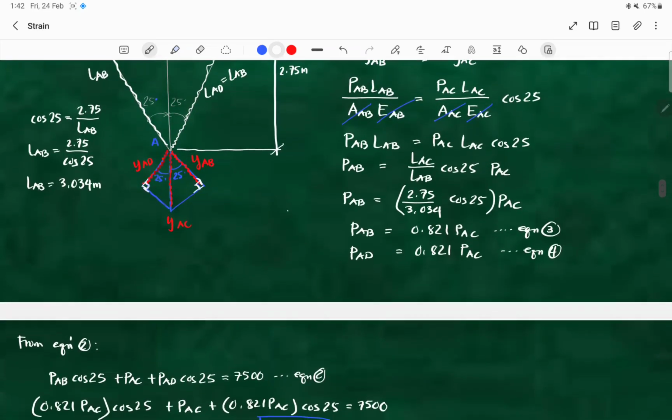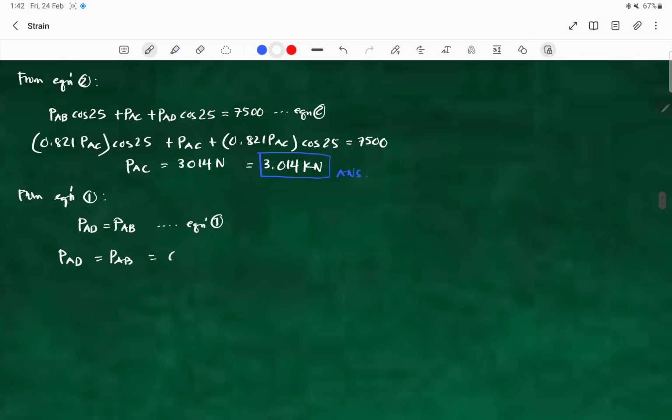Which is yun dito. Pero yung dalawa sa equation 3 and 4, pareho sila. 0.821 ni force AC. So, substitute natin 0.821 multiplied by 3.014. So, therefore, yung sagot nito is 2.47 kilonewton. And ito na yung sagot. Okay, so I think that's it, no?